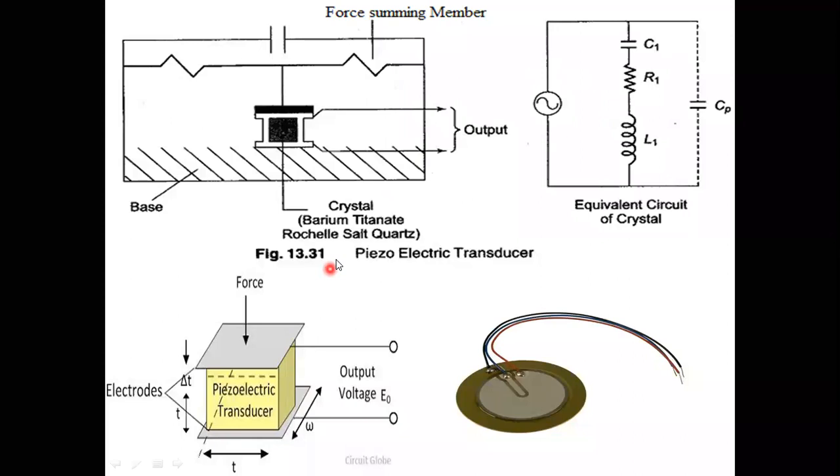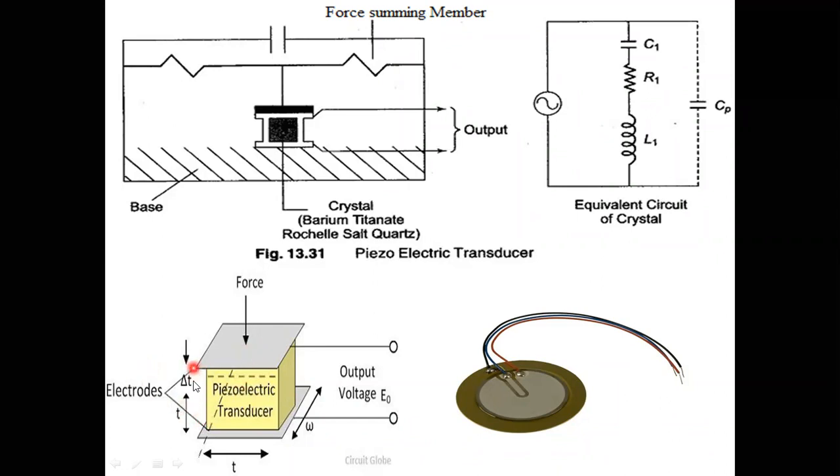This is just like a block diagram. This is the piezoelectric transducer I am maintaining here. This is the piezoelectric crystal. Actually the entire setup is known as the transducer. Let this be one electrode and this another electrode.